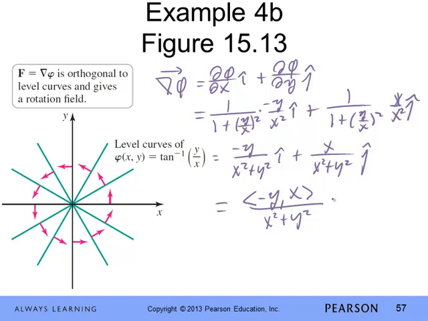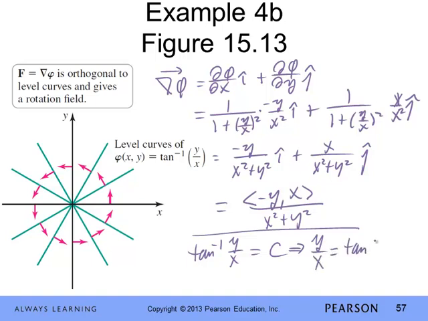Now, the potential function is arctangent y over x. If you set that equal to some constant, what do the contour lines look like? Well, arctangent y over x equals c means that if you take the tangent of both sides, you get y over x equals the tangent of your constant c, which is some other constant, call it k.